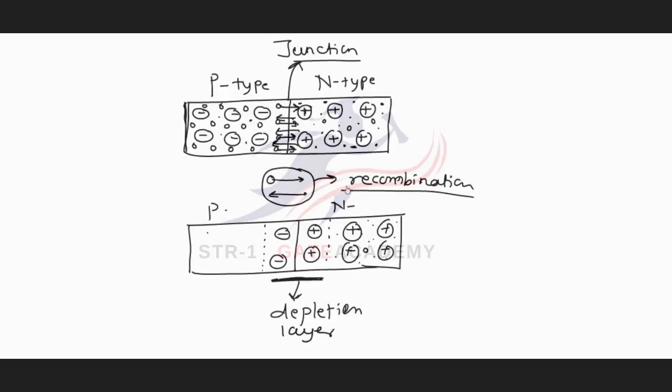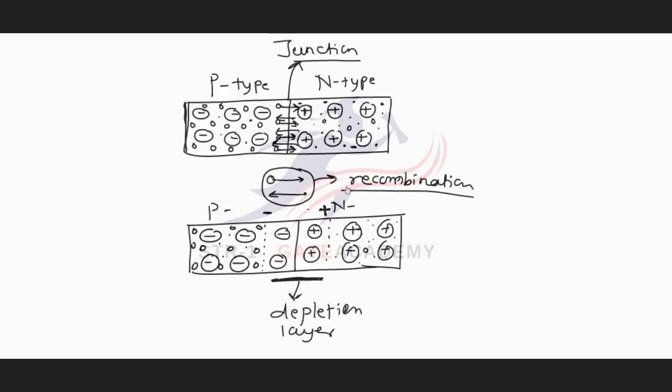On the p-type semiconductor, the structure will be as it is. There will be majority charge carriers, holes, and very few electrons. In the depletion layer, there are positive ions on the n side and negative ions on the p side.